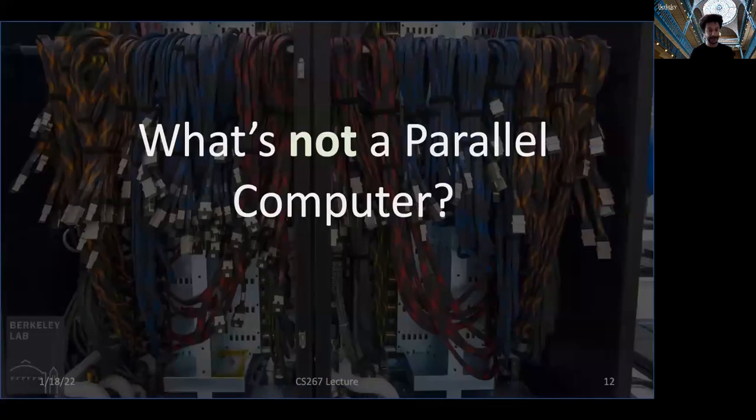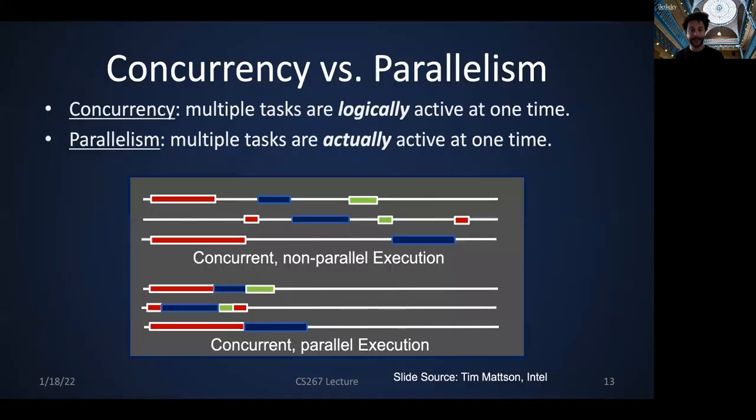So what's not a parallel computer, and what we're not going to cover in this class. There is something called concurrent programming, concurrent computing. Concurrency is not necessarily parallel execution, right? Your system can give you the illusion of parallelism by time sharing between threads, which is when your browser is open at the same time while you're typing in Word and listening to music. And if you have a single processor, your operating system will do all these tasks just fine, and you're not going to feel any jitters.